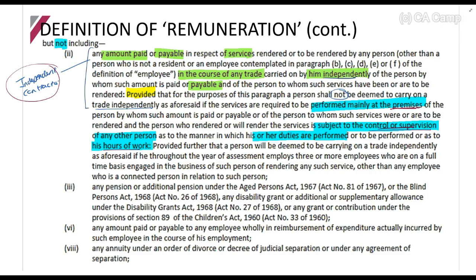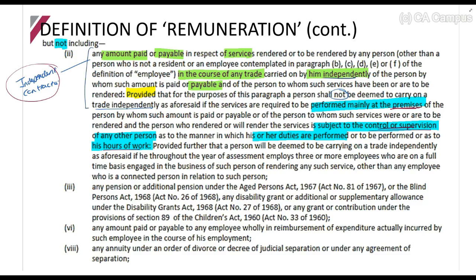So if you are the plumber's only client, and the plumber has to come to your house every single day to work there, then it won't be an independent contractor. But if you are one client of thousands, then even when you control the plumber at your home, they will be considered an independent contractor. So let me say it again.